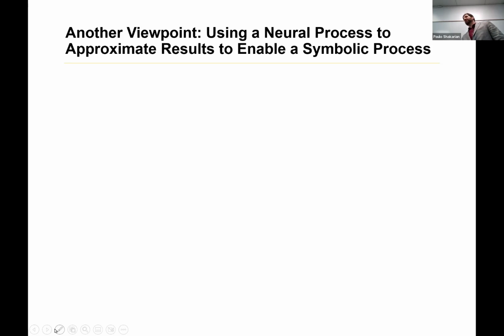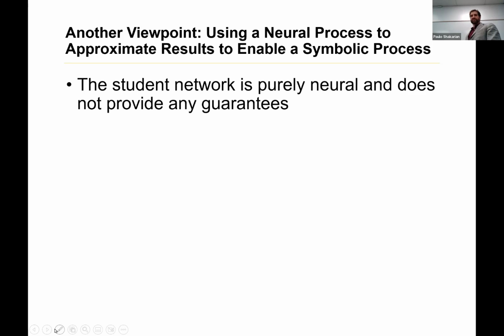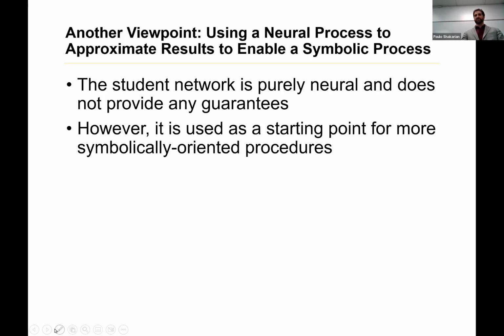A different viewpoint is another way to look at this: you're using a neural method to approximate a symbolic result. And this has also come up in a few places. The idea is, student network, purely neural, no guarantees at all, as you all noticed. But it's giving a nice starting point for a symbolic procedure.